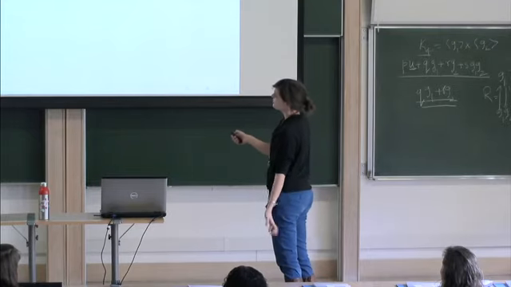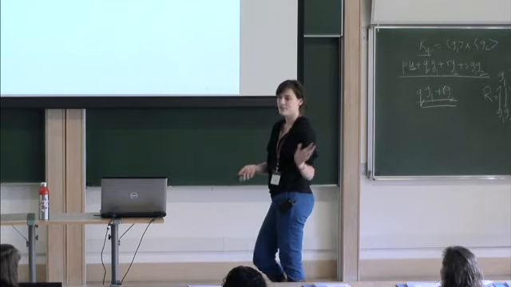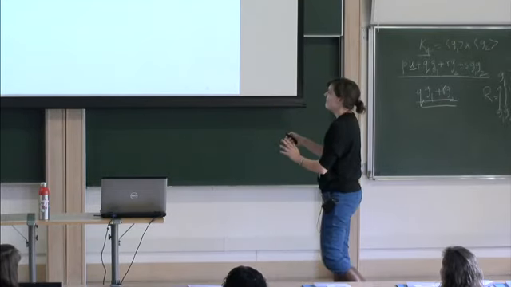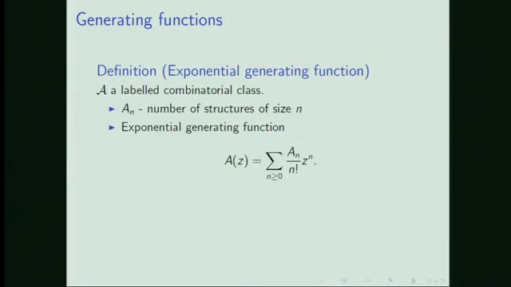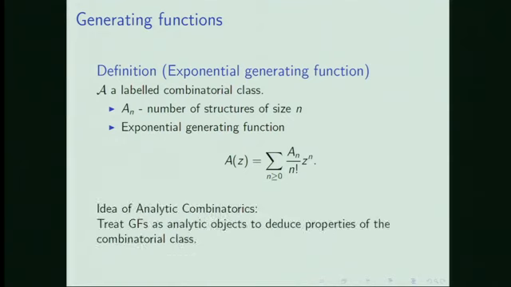Okay, a generating function. You probably all know what a probability generating function is, and in combinatorics it's a similar object. So suppose we have our labelled combinatorial class, say a class of graphs, say the class of forests, whatever. That's the number of structures of size n. And then I define this object: the number of graphs on n vertices divided by n factorial times my variable z to the n, as my generating function.